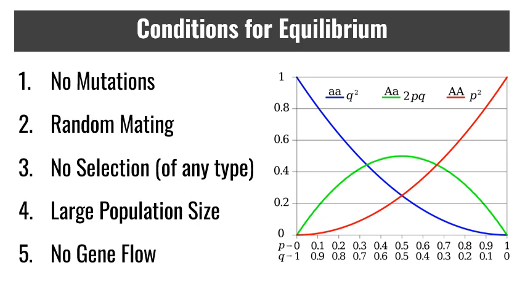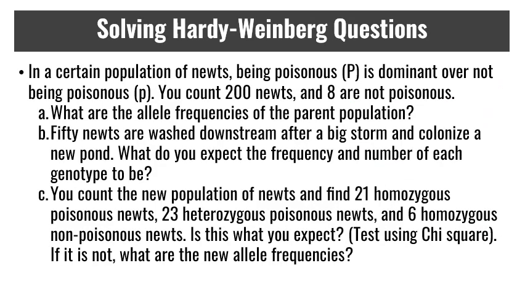Departure doesn't have to be for the whole organism. A population can be evolving at some loci, but yet simultaneously be in equilibrium for others, so you do need to test your ideas. If you are attempting to solve a Hardy-Weinberg equilibrium question, here is a sample problem that you can solve. I would suggest you pause here, try it out for yourself, and then continue the process to compare your answers.